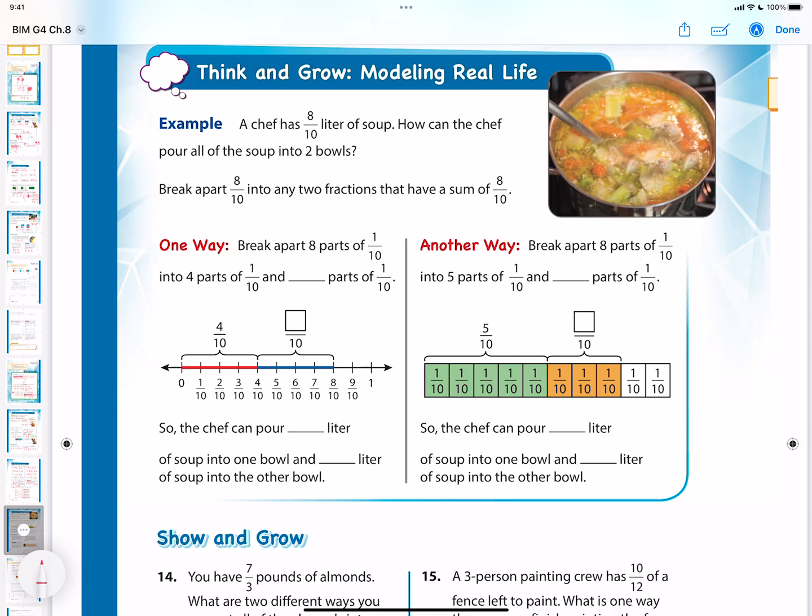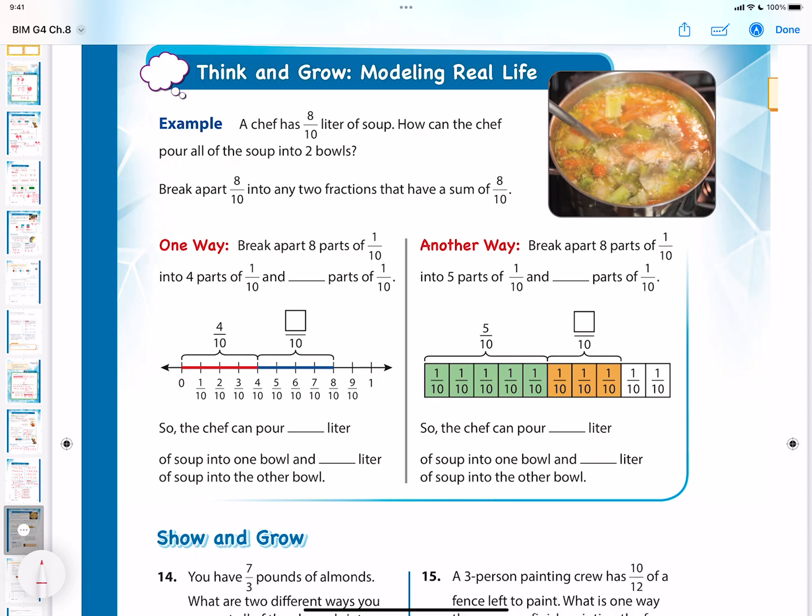Okay, example: a chef has 8/10 liter of soup. How can the chef pour all of the soup into 2 bowls? Now break apart 8/10 into any 2 fractions that have a sum of 8/10.